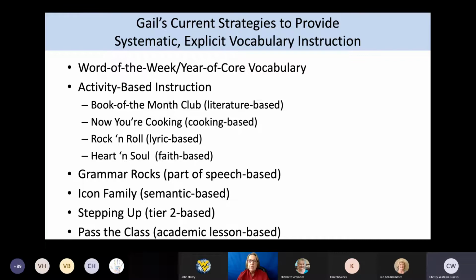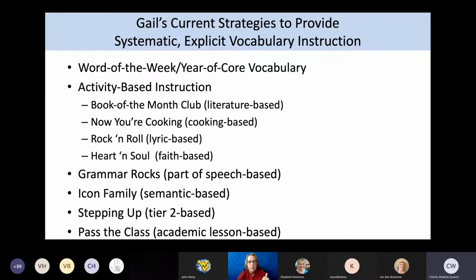When people ask me how do you do vocabulary instruction, because the majority of AAC intervention, particularly when I get a chance to look at IEPs, is primarily focused on developing vocabulary. When I want to look at vocabulary instruction, first off, I want it to be systematic, which means it's not spray and pray.